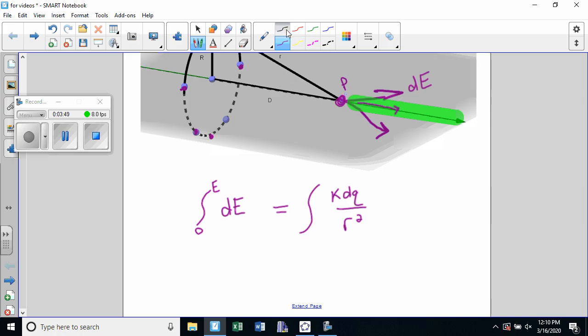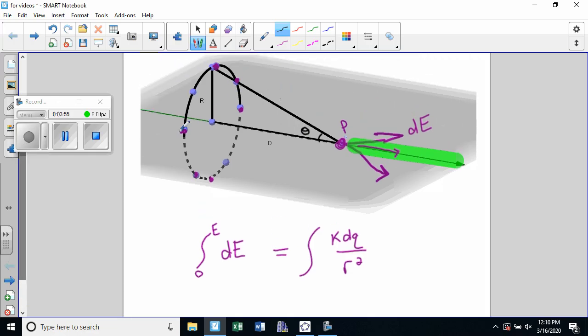So what I'd like to do now is add a little theta inside of our right triangle with R and little r. But that theta would also be the same as this little guy right here.